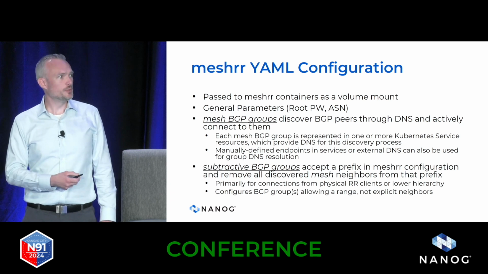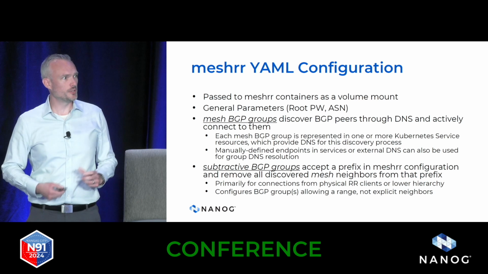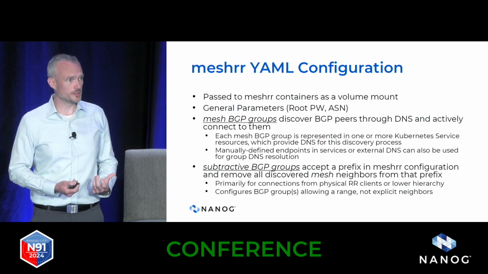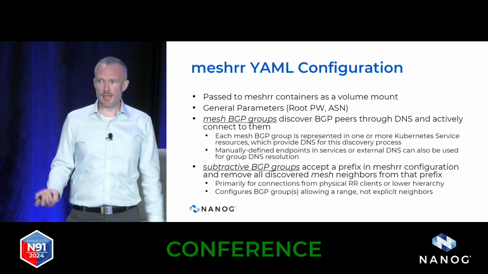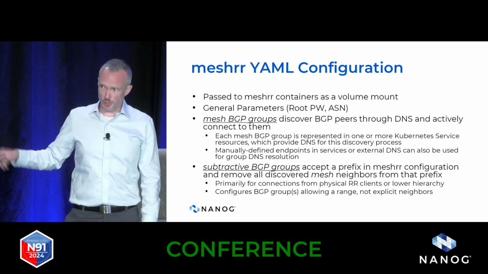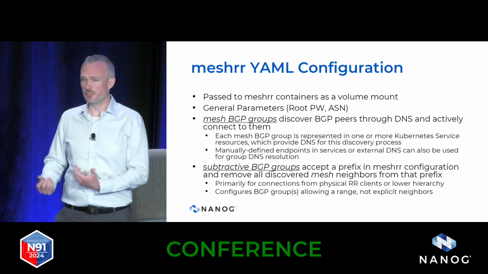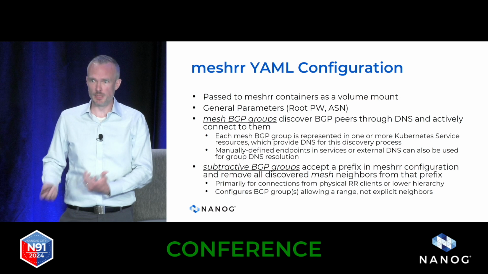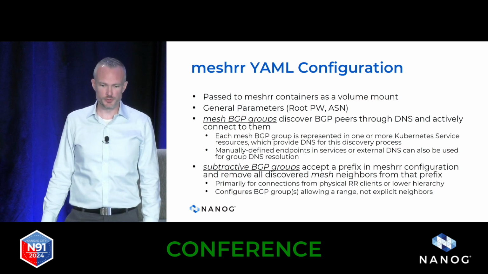The second type is called a subtractive group, and it's called subtractive because its job is to accept a prefix or a set of prefixes in this meshrr configuration, and then remove any peers that we discovered when we were looking at the mesh groups. The reason for this is we want to deterministically understand what BGP group a neighbor is going to sit in, instead of having it potentially be a member of multiple groups.